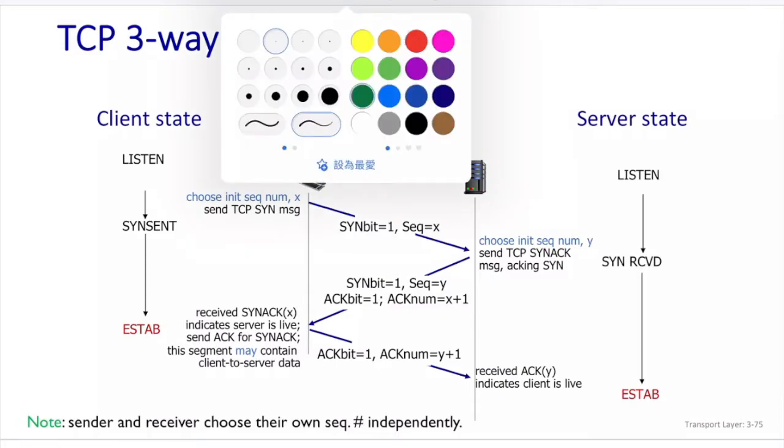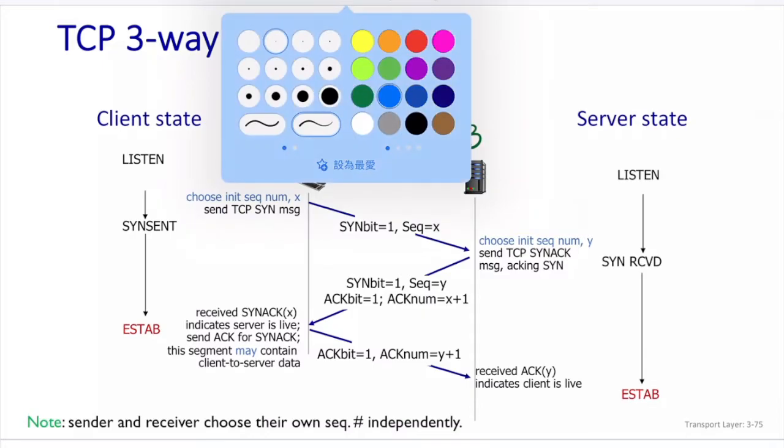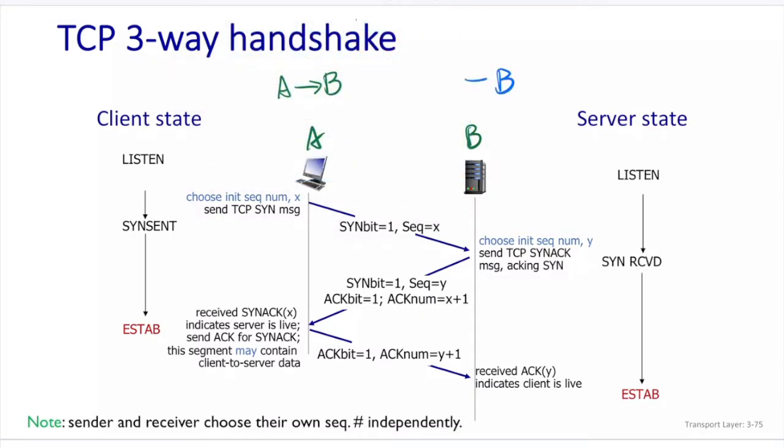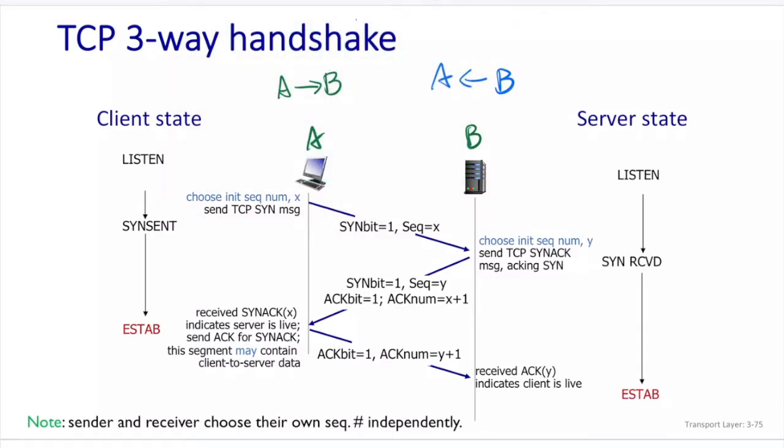So basically we use three-way handshake. Here is A, B. We have A to B, and the other one is B to A. Take a look at the green part. For the very first time, when A would like to send a packet to B, it will set the SYN bit to 1.